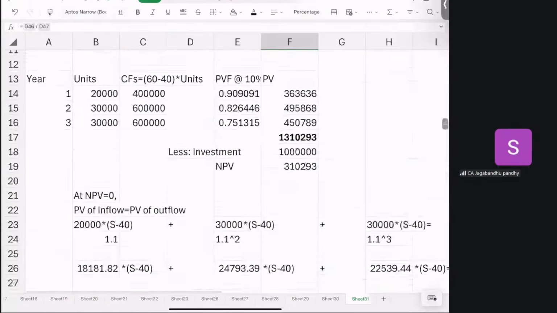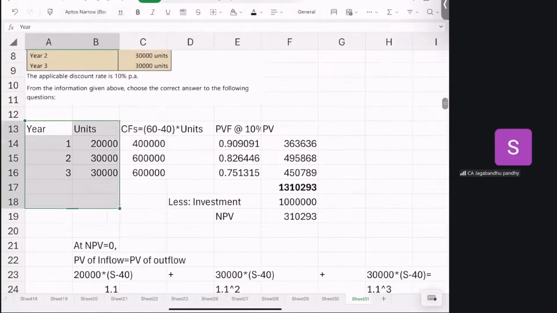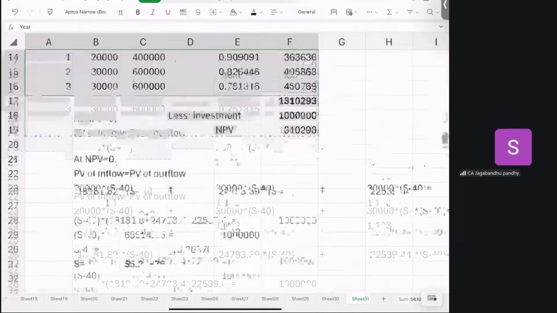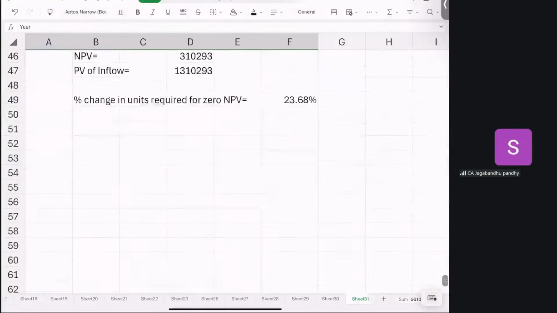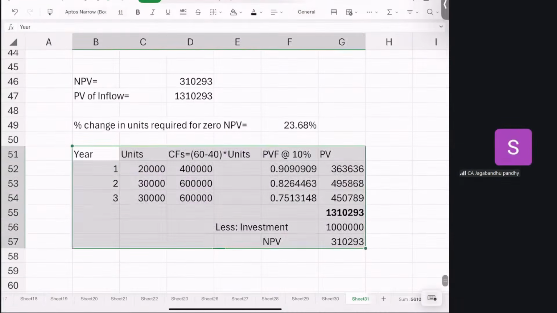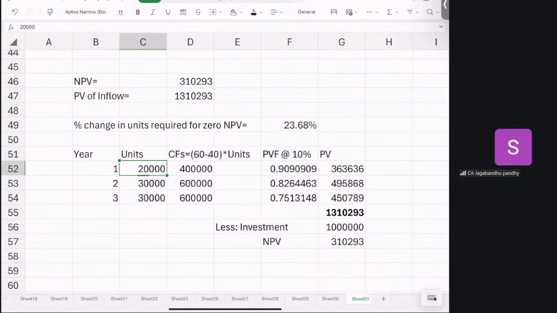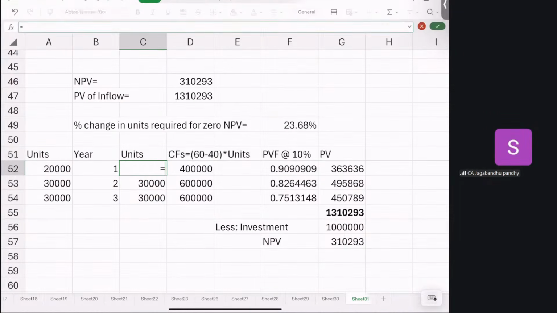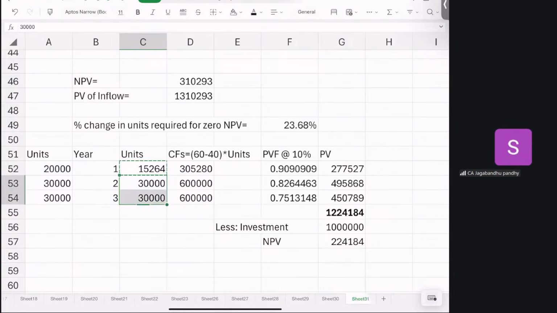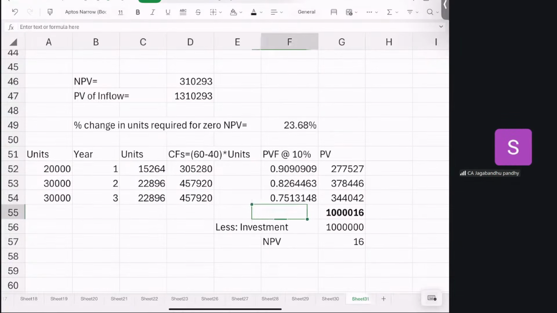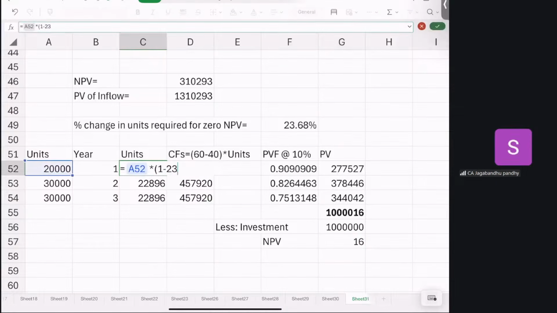You can just verify here. Let's say each of these units is changed, let's say multiplied by 1 minus 23.68%. See, NPV is almost 0, with rounding not considered.